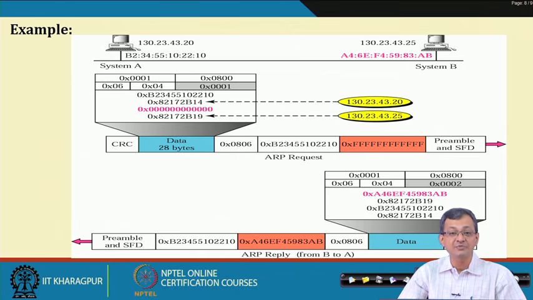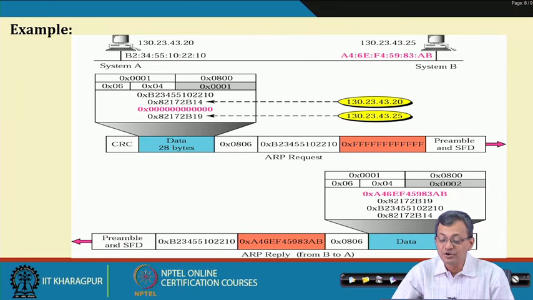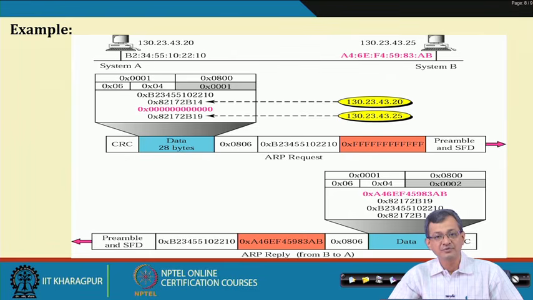The owner reads it and responds back in unicast mode. So this is a broadcast, whereas here we get B to A in unicast mode. This is the bottom line of ARP: the address is resolved.